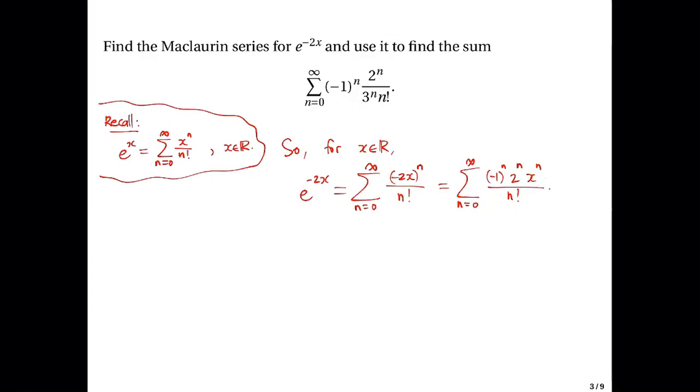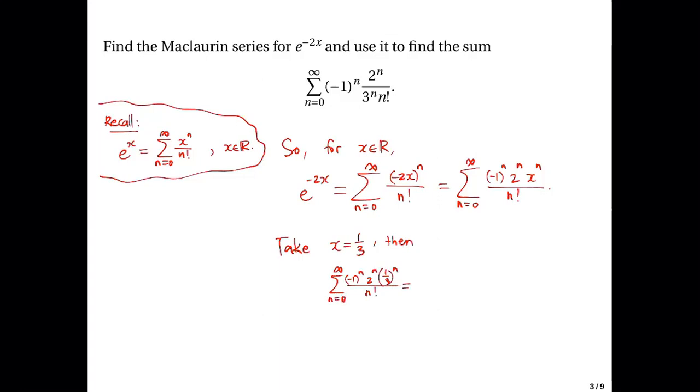So if we take now x equals 1/3, if we take x equals 1/3, then we have the power series, negative 1 to the n, 2 to the n, you have 1/3 to the n over n factorial, from 0 to plus infinity.